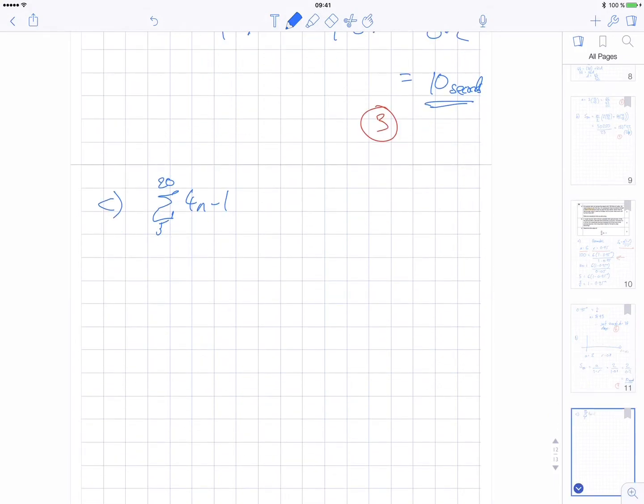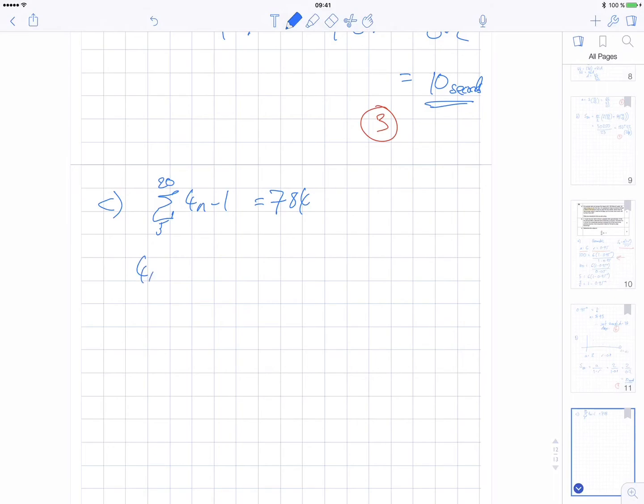You could just type this into the calculator and find this sigma bit, which I've shown you how to do quite a few times. And you fill in all the blanks, so n equals 5, that's 2 to 4 times n minus 1. If you put that in, you get 784.